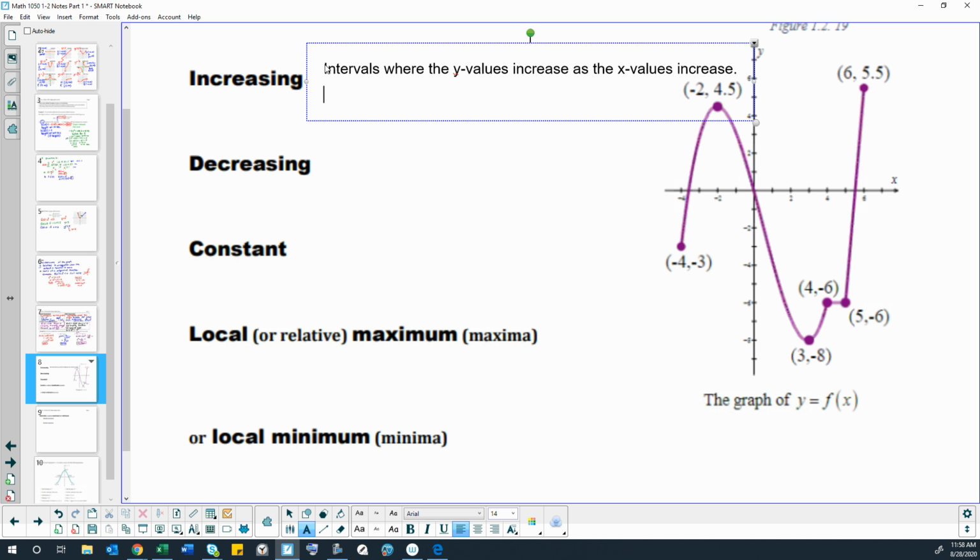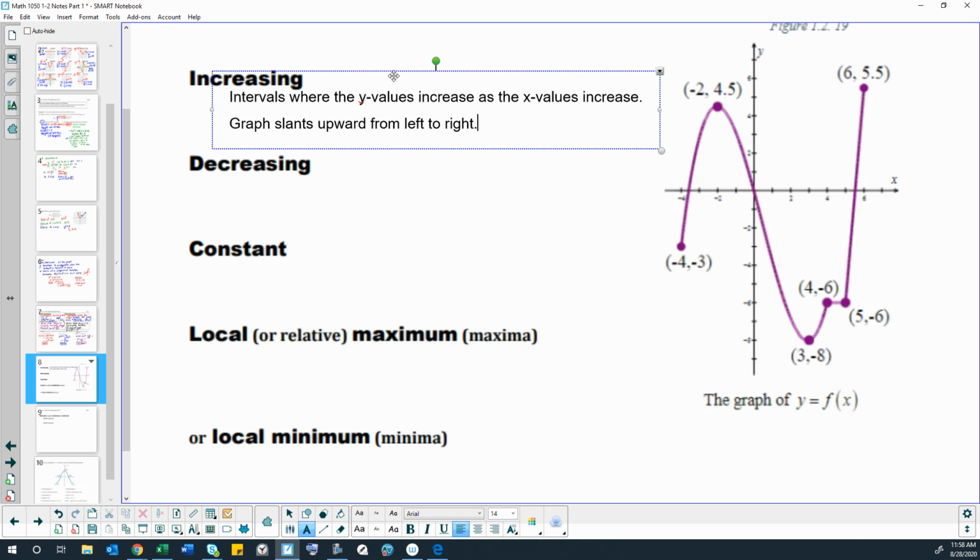Another way of visually thinking about that is that the graph is going to be going upward from left to right. So as x increases from left to right, the y values are increasing, they're going up.